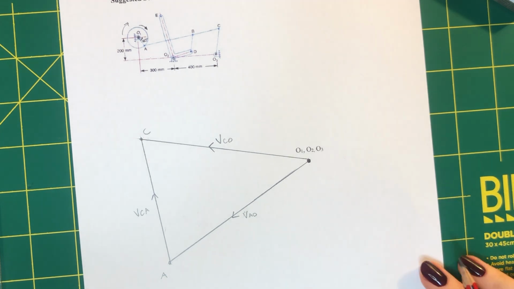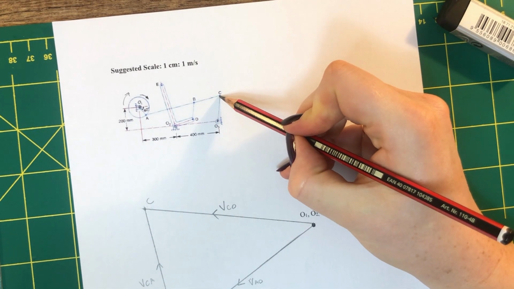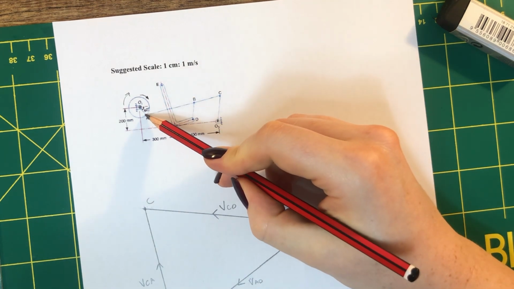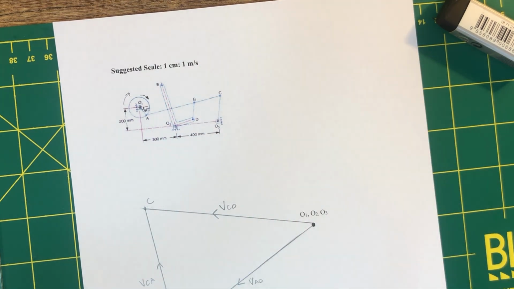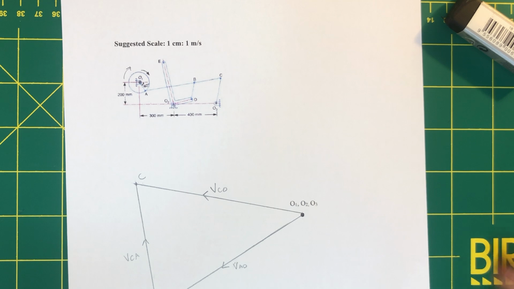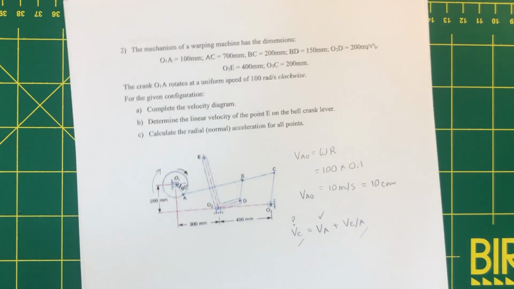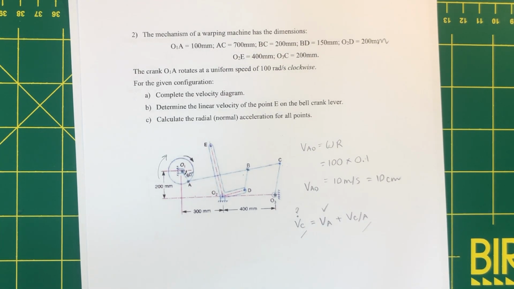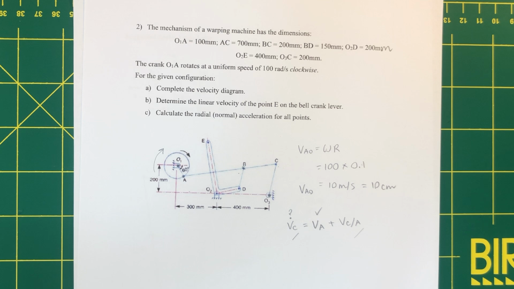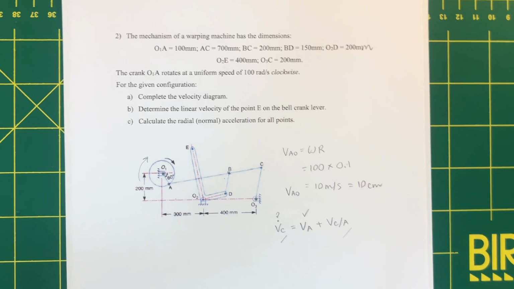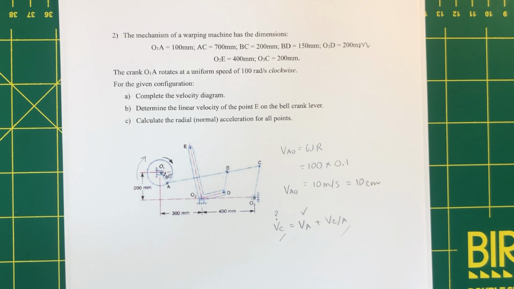Now, what's our next point? We have point C, we have point A, we need to find point B. Point B is on the same link as C and A, so we can use a ratio as we've done before. If they're on the same link, they have the same angular velocity. If you look at the velocity diagram video for question 1, you will see how I determine the ratio equation.